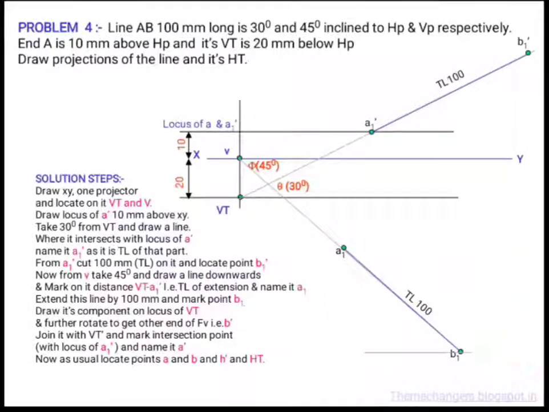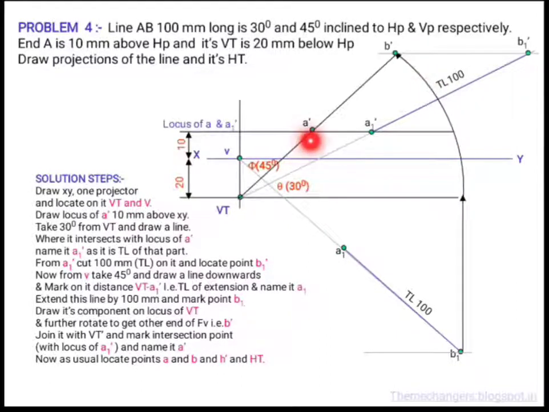And now I will get the locus line, and from this locus line, this true length line can be projected upward to get the intersecting point through the line VT, and this will be the length of the elevation from VT to this point. So I can rotate that one and get the intersecting point like this.